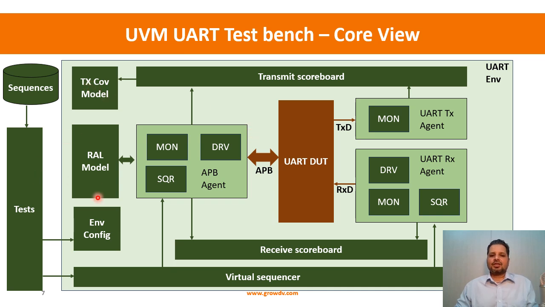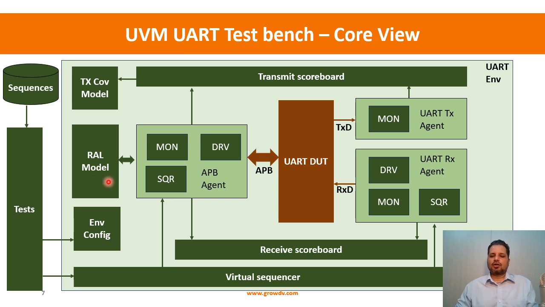And then we have the RAL model, which we will be looking at. It will model all the registers present in the UART DUT, and once it is modeled, it has a concept called an adapter. So you can do very high level accesses to registers, like RAL model.lcr.read or RAL model.lcr.write.